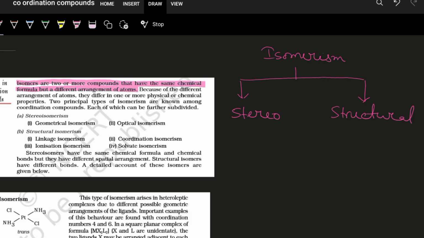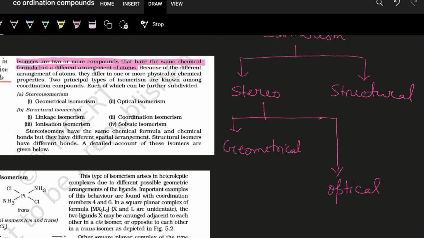In stereoisomerism, there are two classifications: geometrical isomerism and optical isomerism. Geometrical and optical are the two divisions of stereoisomers. Remember, stereoisomer means they differ in the three-dimensional or spatial arrangement.